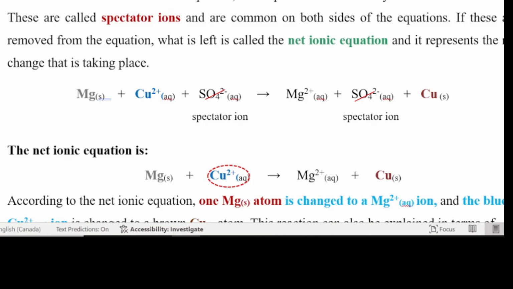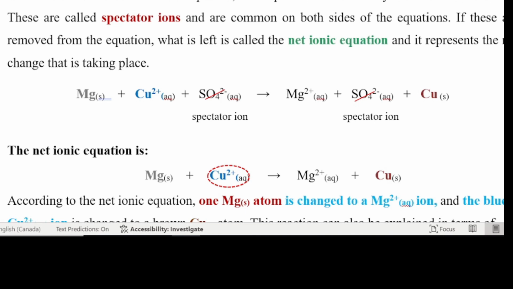Magnesium takes the place of copper in that it becomes a magnesium 2 plus ion. And this guy now, which was aqueous, because it now becomes an atom, it can't dissolve in the water anymore, so it falls down to the bottom. Okay? So effectively, this is what is happening, and it's called a net ionic equation.